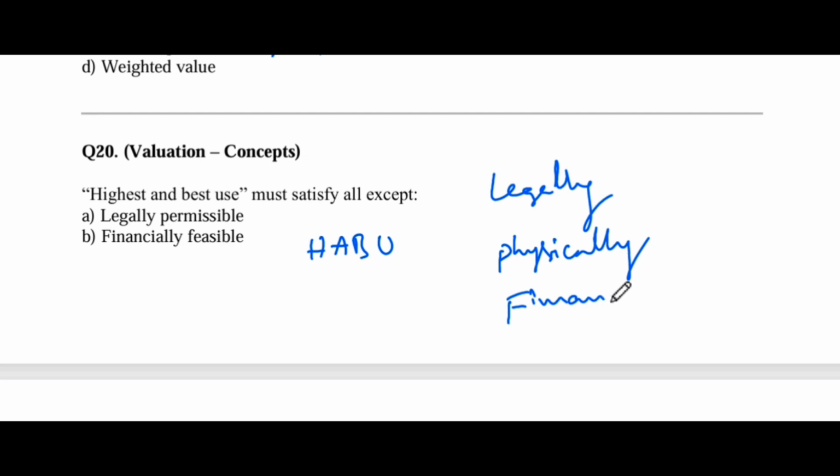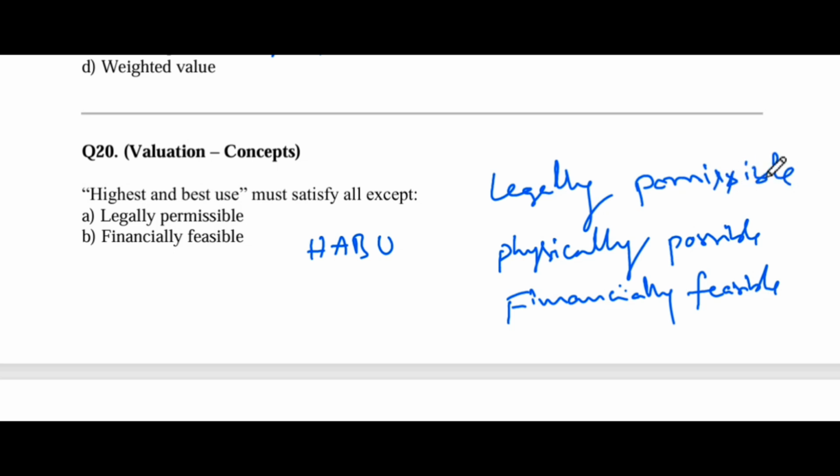Financially feasible. This is physically possible. This is legally permissible. And the fourth one is maximally productive.